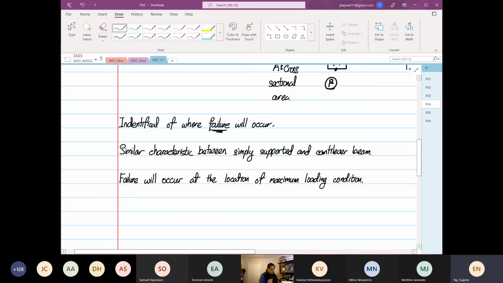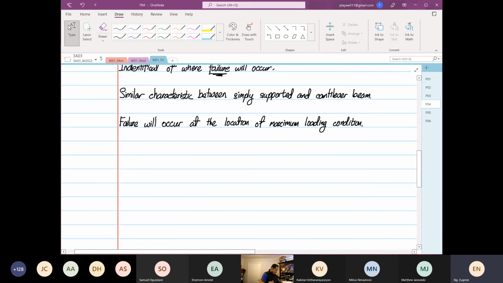Okay. So the trick is you have to be able to identify where the maximum loading condition is. If we look again at a simply supported beam, with a load P at the center.